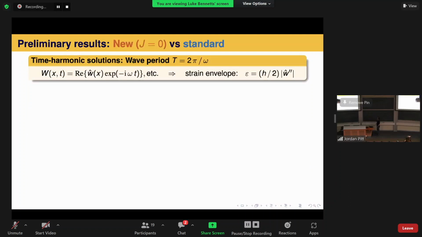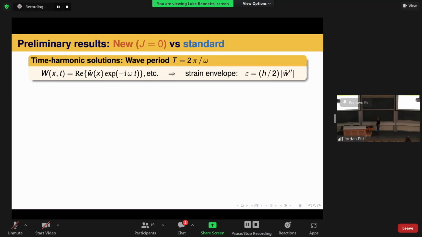All right, so now I'm going to show you some results in which we're comparing the new thin plate approximation that I just derived to the old one with no coupling at the ice edge. I've done a bit of a cheat here. For my own convenience, I've just dropped all of the terms involving the rotational inertia because I'm making use of some old code.